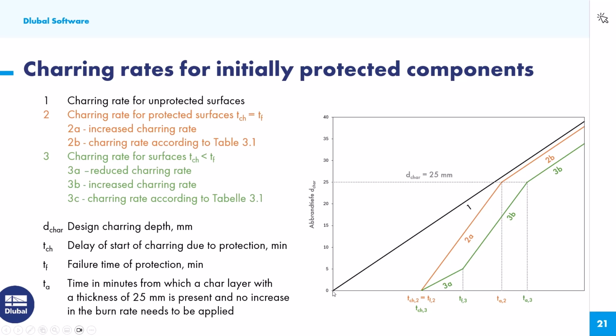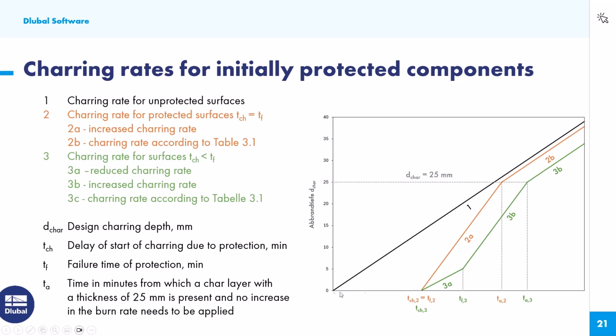That means we have a linear charring rate. In this case, the charring depth is nothing else than beta 0 multiplied by the time, and of course it is linear. And of course the timber starts to burn exactly at t equals 0.